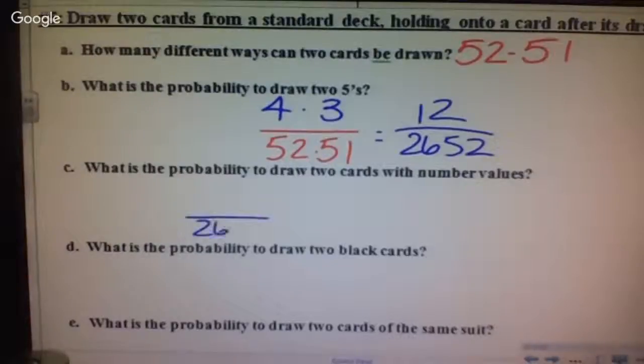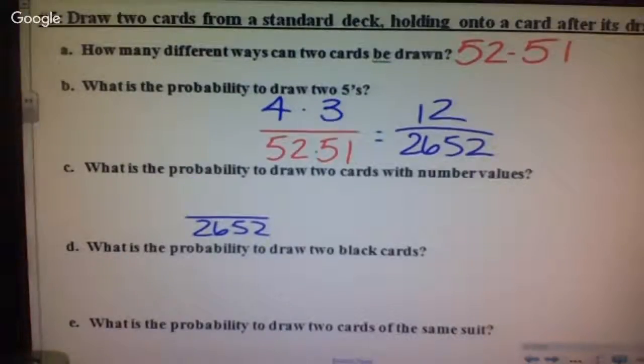Here, 2652. I want 2 cards with number values. All right. So my number values are 2, 3, 4, 5, 6, 7, 8, 9, 10. How many options? 9 of each suit.